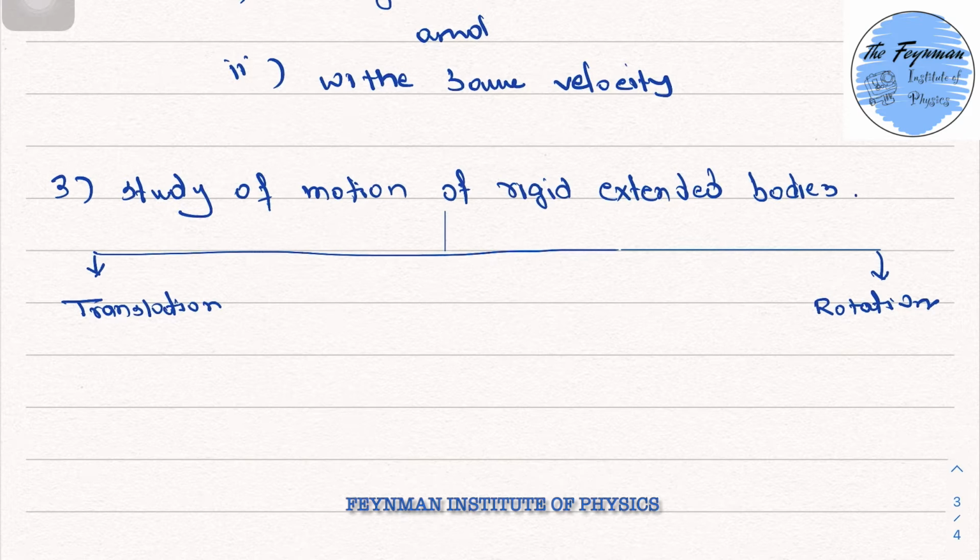Analysis of translational motion can be done by defining a mathematical point inside or outside of the body known as the center of mass.